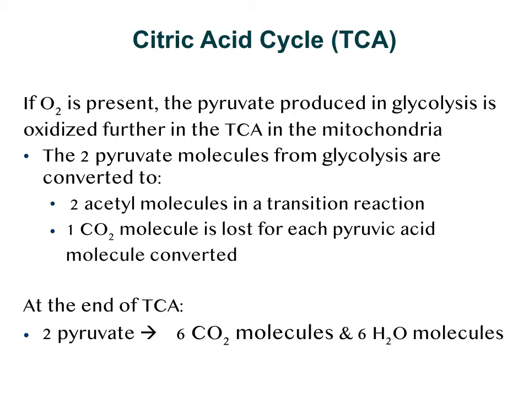So pyruvate oxidation is the next step in capturing the remaining energy in the form of ATP, although no ATP is directly made during the pyruvate oxidation stage. In eukaryotes, this step will take place in the mitochondrial matrix, the innermost compartment of the mitochondria. In prokaryotes, like most of our bacteria, it will happen in the cytoplasm.